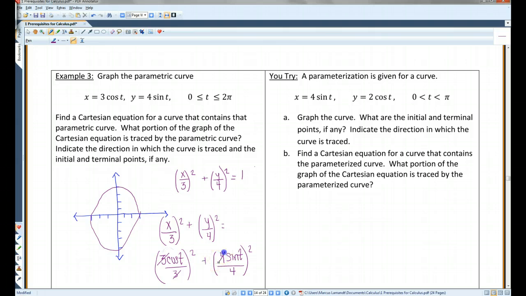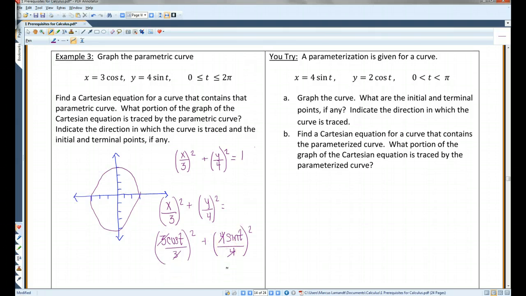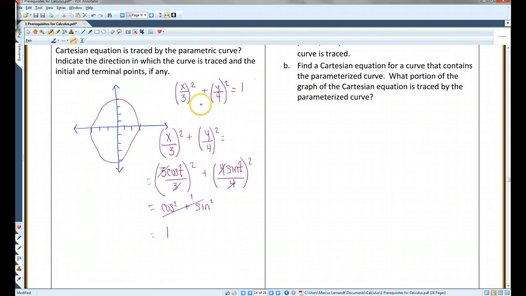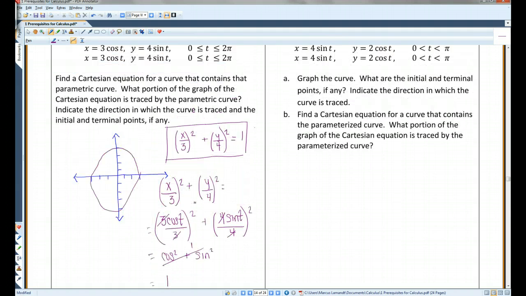The 3's cancel out, the 4's cancel out, so I'm left with cosine squared plus sine squared. And we know that this is just 1. So we have what we knew we were going to end up with, which is this. Okay?